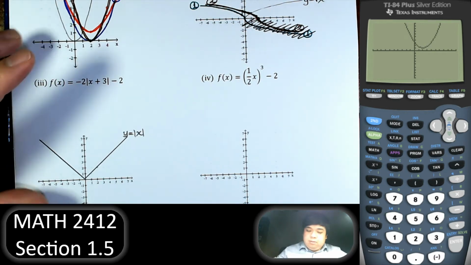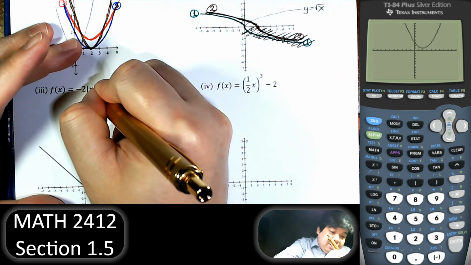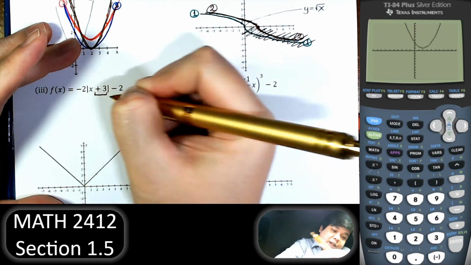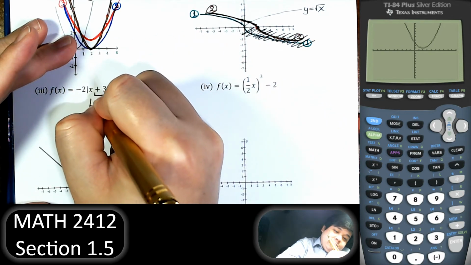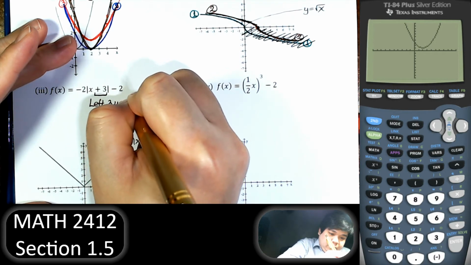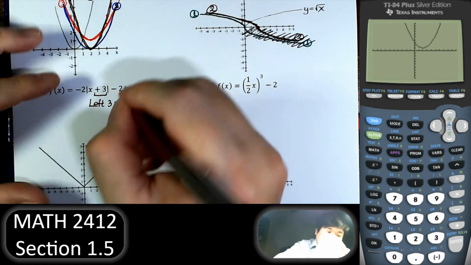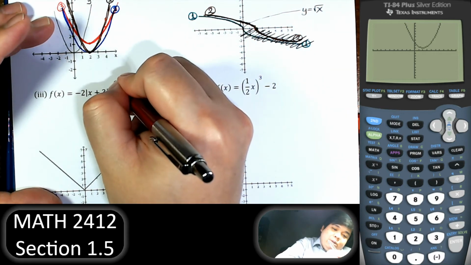First, I'm not saying that we do that first. Just say we have the plus 3 here. That would be 3 units left. The minus 2 will be down 2 units.